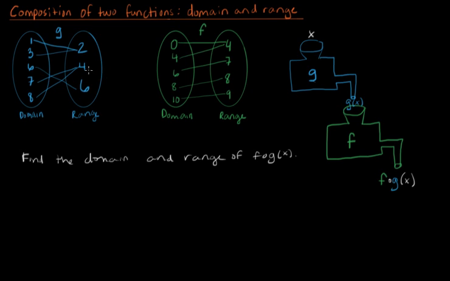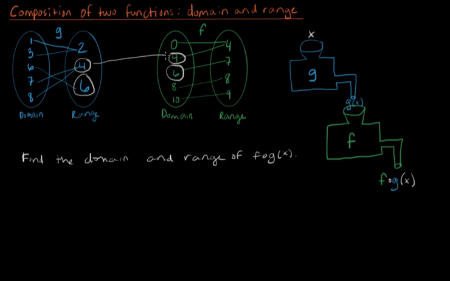So I'm looking and I'm seeing that 4 appears in the range of g and the domain of f, and so does 6. So 4 and 6 appear in both the range of g and the domain of f. So these are going to kind of collapse on each other.